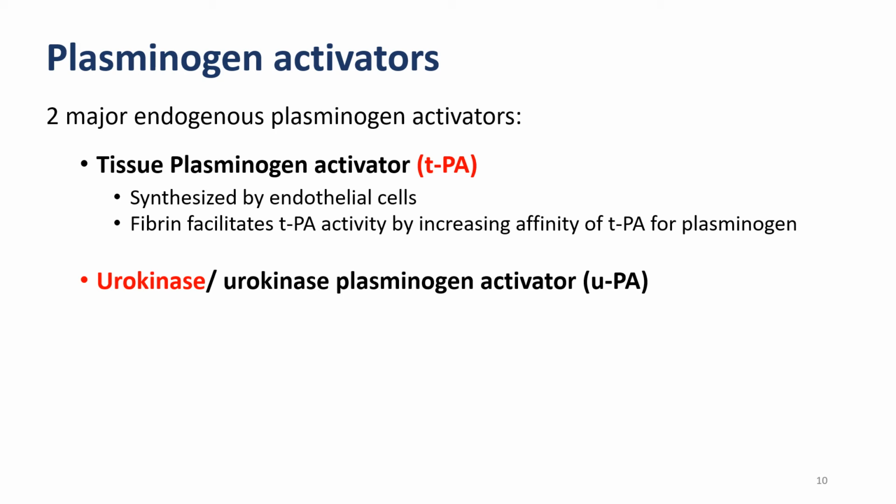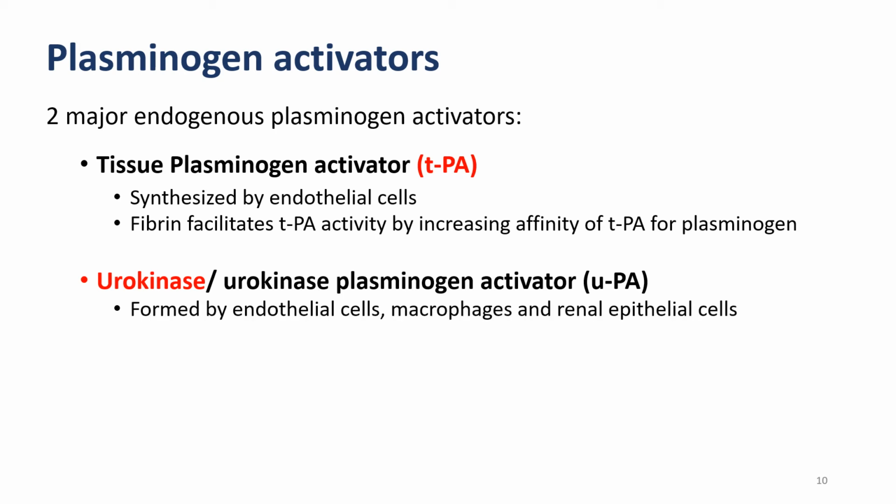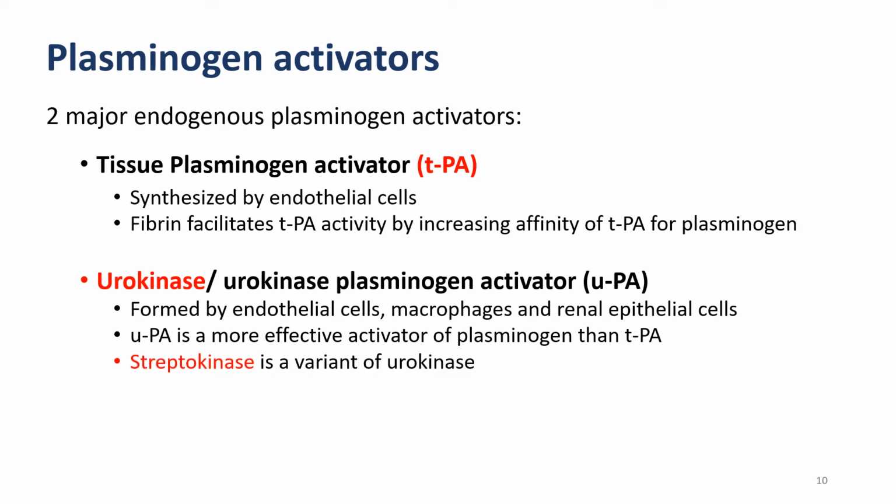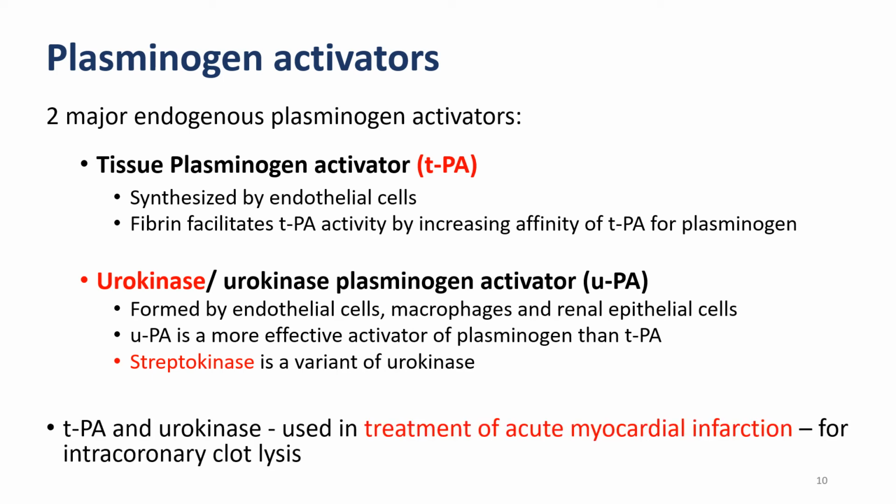Urokinase is formed by endothelial cells, macrophages and renal epithelial cells, and it is a more effective activator of plasminogen than TPA. Streptokinase is a variant of urokinase. These are used in the treatment of acute myocardial infarction for the intracoronary lysis of the clot.